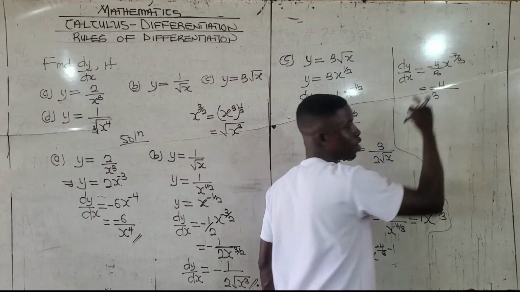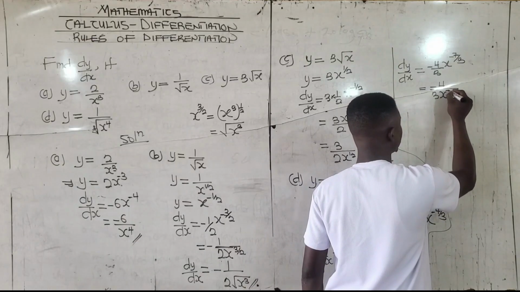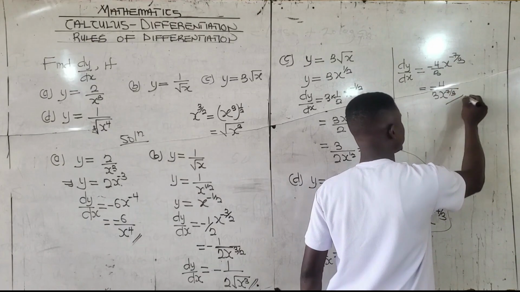Then the x moves down as a denominator, and we have x to the power 7 on 3. Final answer.